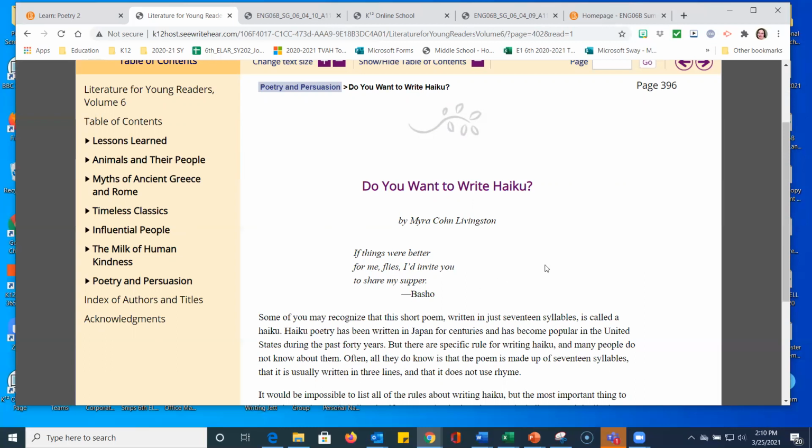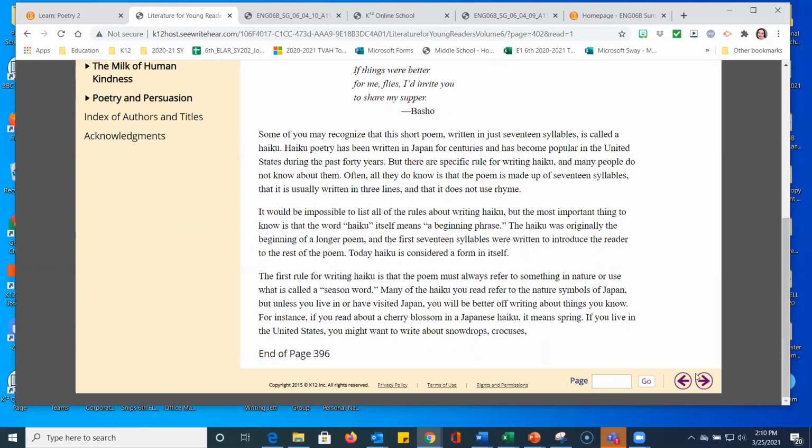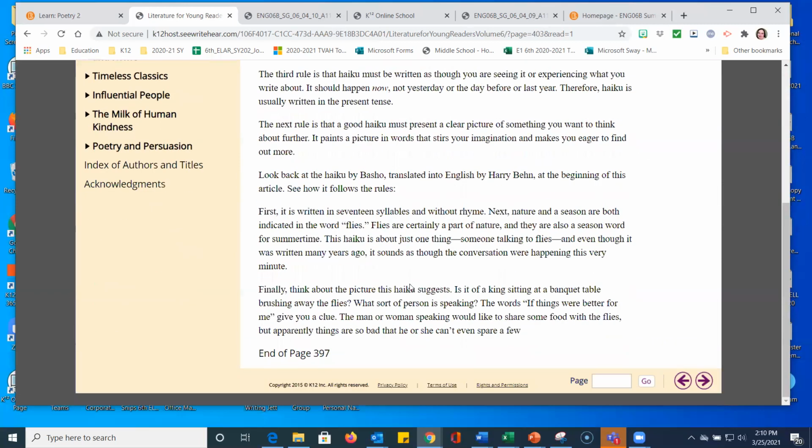They definitely are talking about food too, because they're saying supper. So the flies are certainly a part of nature and a season word for summertime. Yay, we got that. This haiku is about just one thing, someone talking to flies.